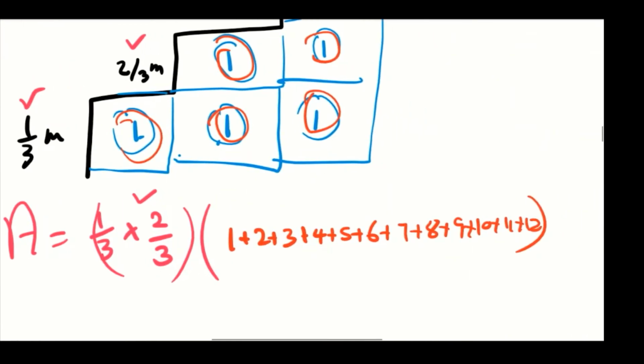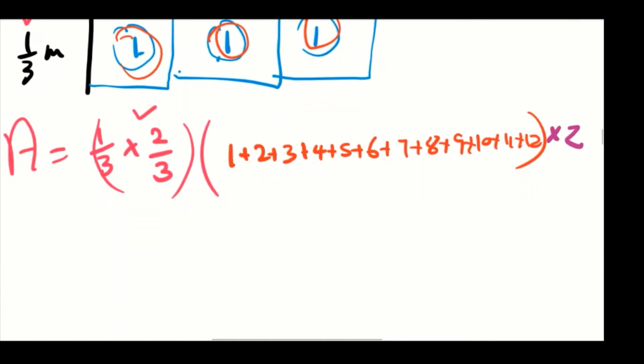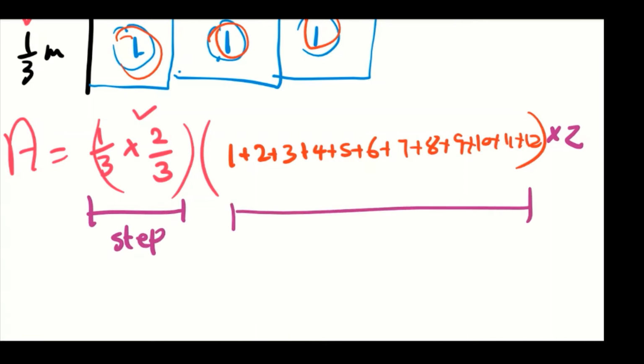So what we're going to do is multiply by 2 here because we're interested in both sides, right? So this is for our step, and then this is for the number of steps that we have, and this stands for the sides, right?